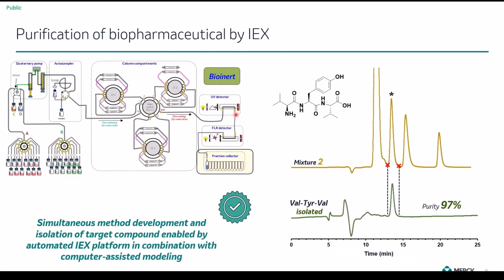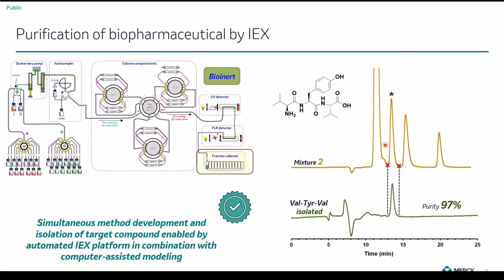What we were able to do with this system is also to install an additional module, a fraction collector module, in order to obtain the isolation of our pharmaceutical in native conditions. This is one of the main features of ion exchange. What we were able to do, therefore, is to pick a different set of conditions by simply choosing a different place in our resolution cube in order to obtain the best separation of our targeted, in this case, peptide.